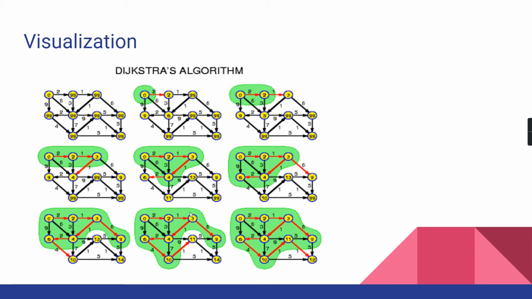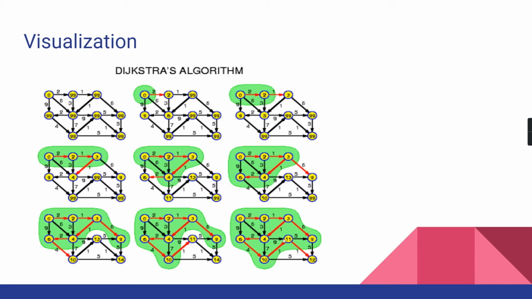The distance from the source to there we already know is 14, but going through here we can take the shorter path. No, sorry, that's in the next step. So we know that this is going to be the shortest path because from here to there is going to end up being 15, which is greater than 14. So we're going to take this path to this vertex, which has a distance of 11. We're going to add this one to the set.